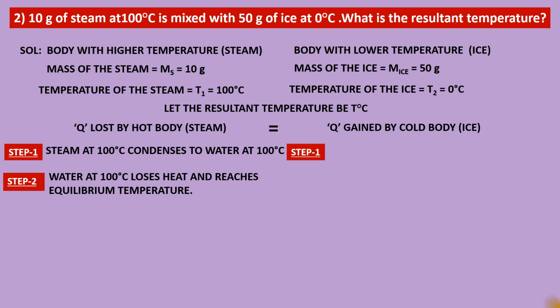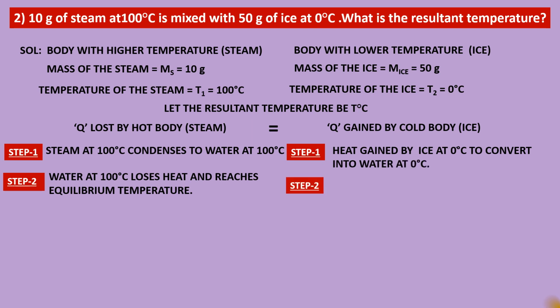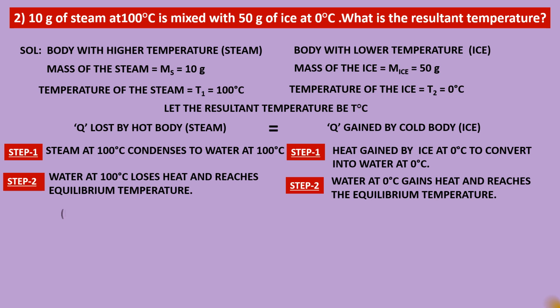One is heat gained by ice at 0 degrees Celsius to convert into water at 0 degrees Celsius. In step 2, after forming water at 0 degrees Celsius, the water gains heat and reaches the equilibrium temperature. So for steam, in step 1, as there is a change in state, we use the formula mL.